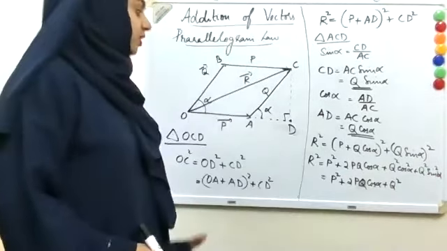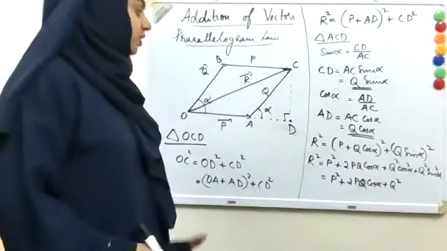Or I can write by taking root throughout. I got R is equal to root over P square plus Q square plus 2PQ cos alpha.